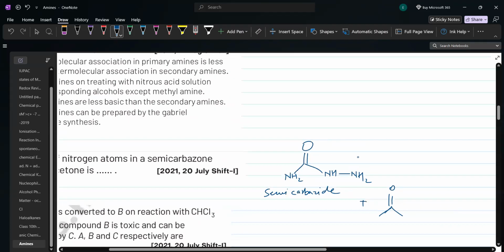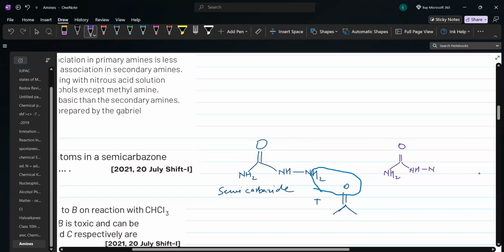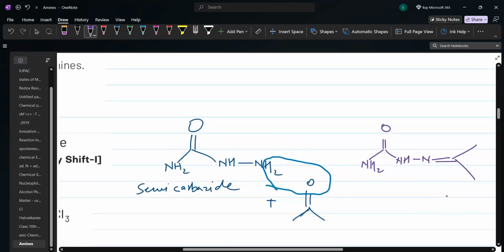So when you do the reaction, H2O will get removed, and this one will be the answer. NHN. Understood? Yes, sir. So semicarbazide reacted with acetone.